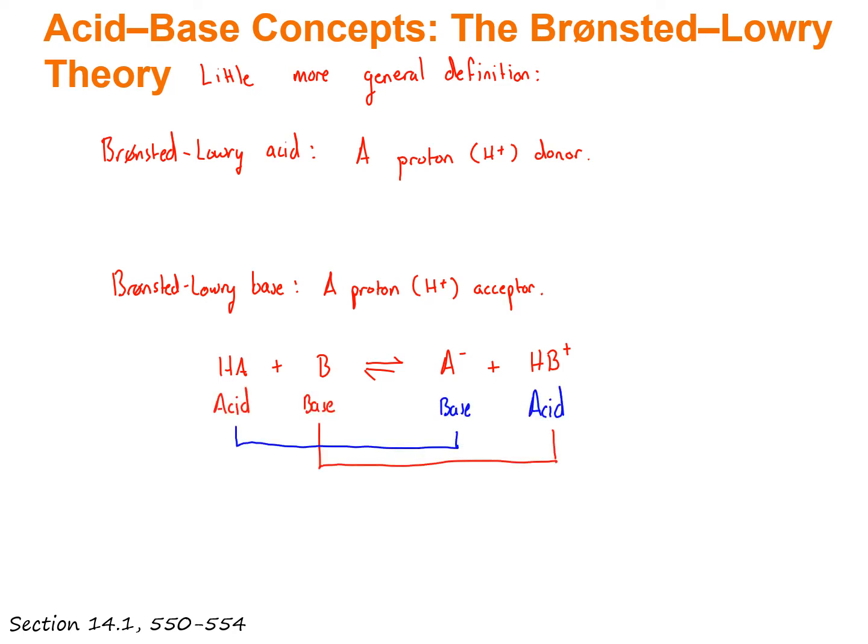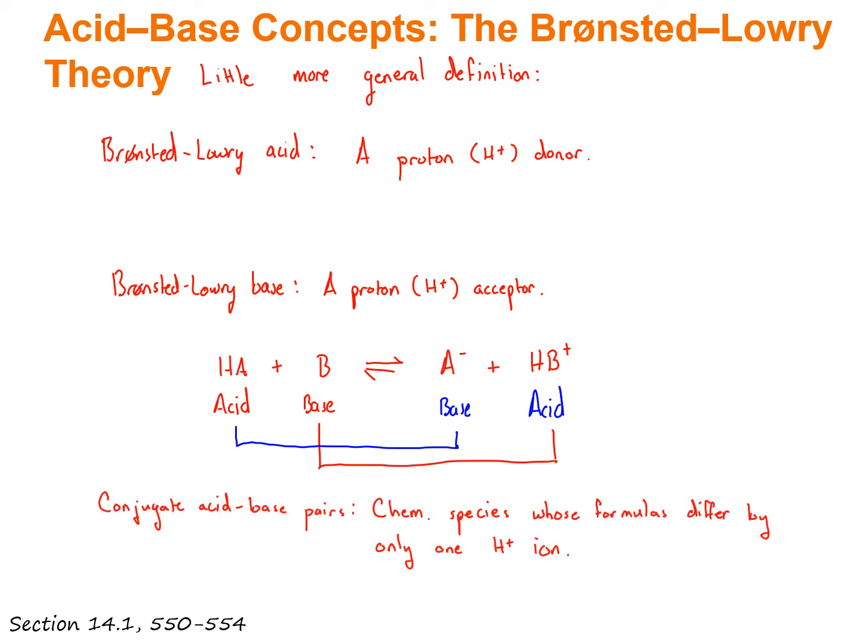So we can consider that on the left HA is an acid, and notice on the right-hand side it's paired with a base, because when you strip away the proton, A minus would now prefer to pick up a proton, and that A minus is now considered its conjugate base. You'll hear that definition quite a few times this chapter. Now B is a base, and when it reacts and moves to the right-hand side by picking up that proton and becomes HB plus, it is now considered an acid, the conjugate acid of B, the base.